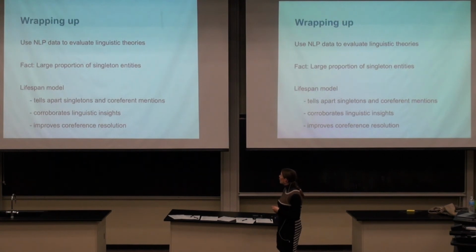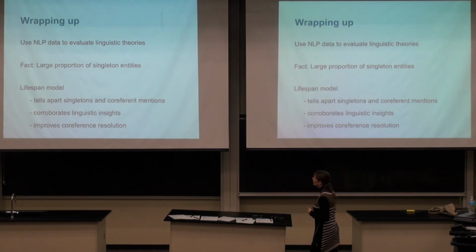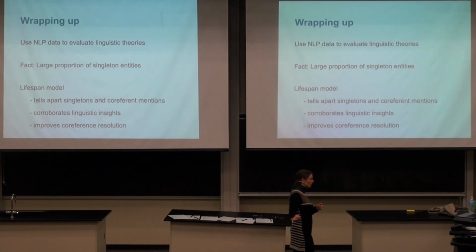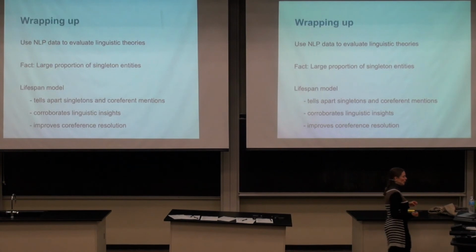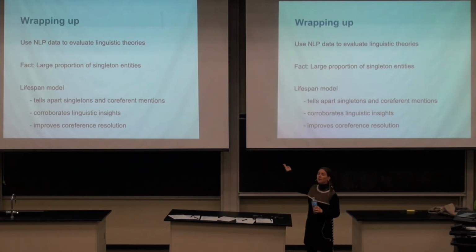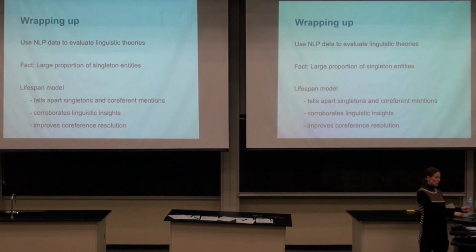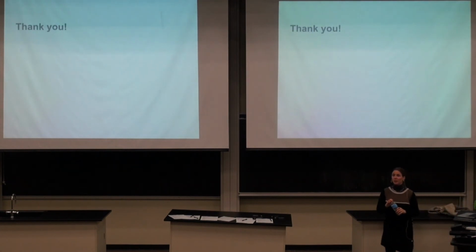And the task here we looked at is coreference resolution. We have this lifespan model that is able to tell apart singleton from referent mentions. It does corroborate the linguistic insights, and it improves coreference resolution. So thank you, and I welcome questions.